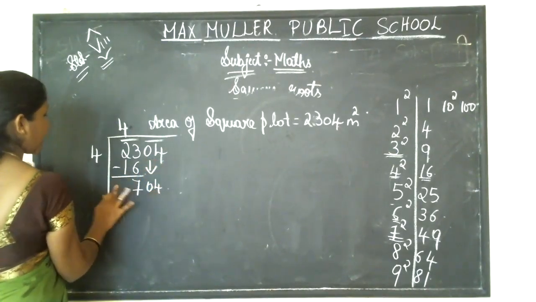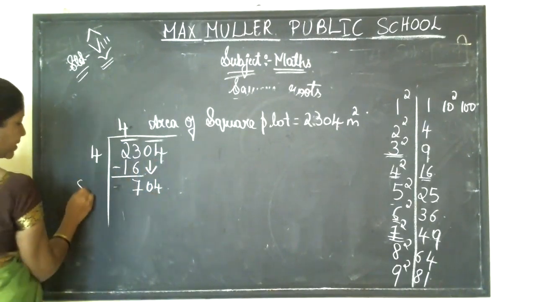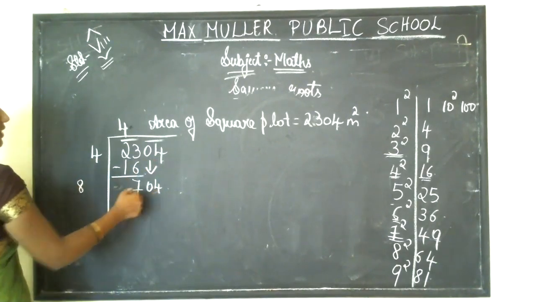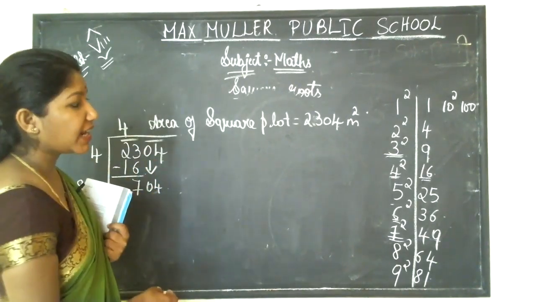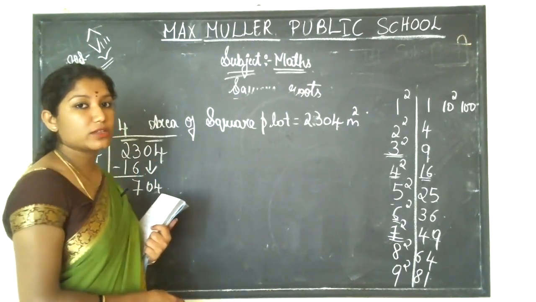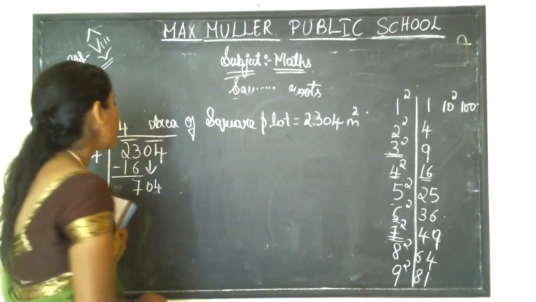If you double the number, you will get 8, 4 plus 4 is 8. The last digit is again to be found. You have to see for 2 square and 8 square. 2 square is 4 and 8 square is 64.